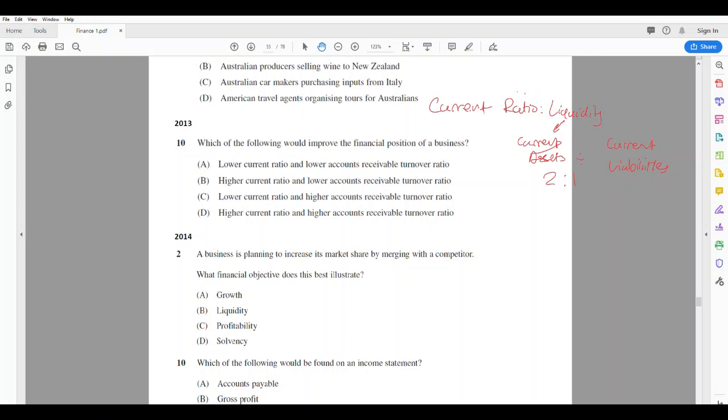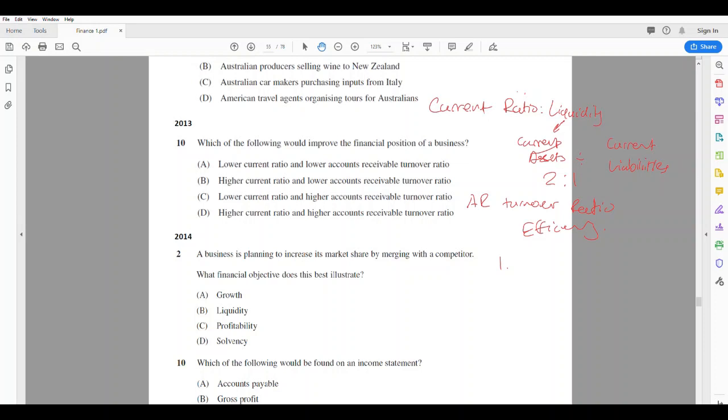The second part is accounts receivable turnover ratio. Now, that is to do with efficiency. And essentially we want a higher accounts receivable turnover ratio, though there are two parts of this that you do need to understand. Step 1 is actually calculating the ratio.